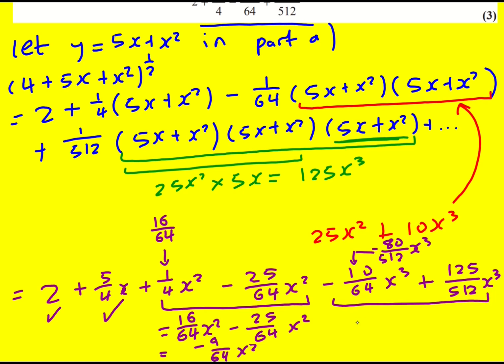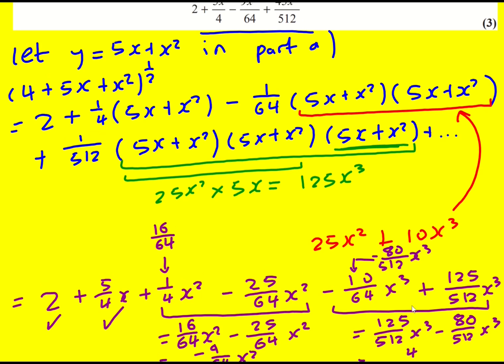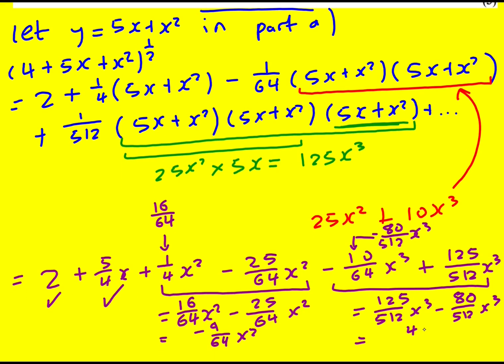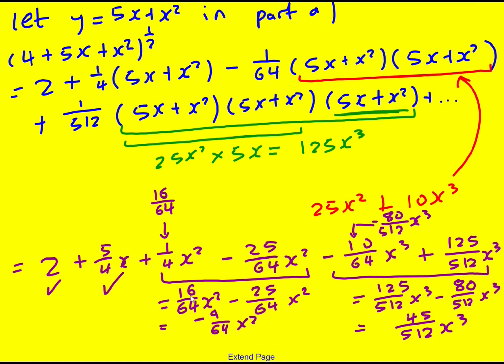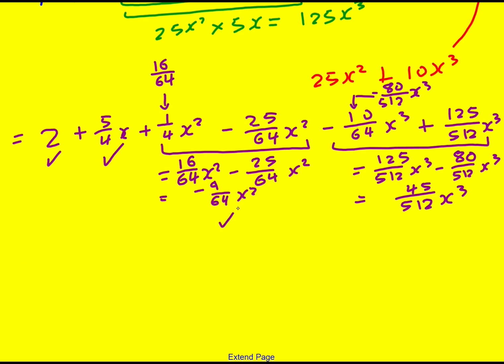So these two together are 125 over 512 x cubed minus 80 over 512 x cubed, which leaves me with 45. Good. Positive 45. Yeah, and I've now got all of them, and we can be really sure we've done that correctly.